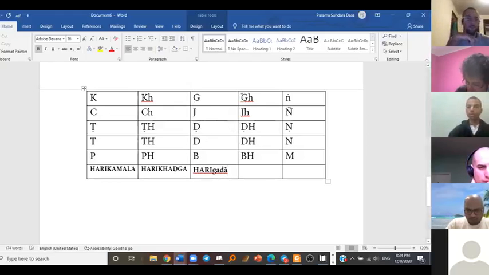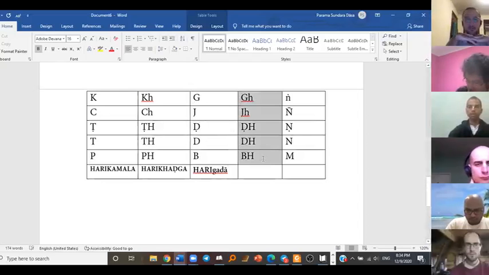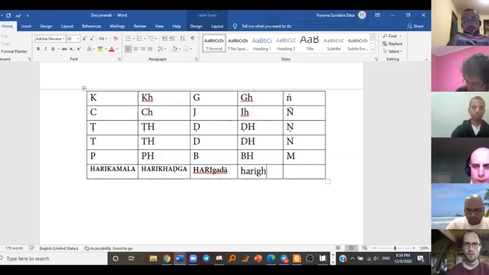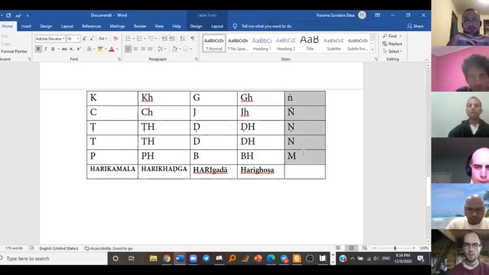The fourth one, gha-jha-ḍha-dha-bhā, is hari-ghoṣāḥ. And the last one, ña-varjitās, is known as hari-veṇu.